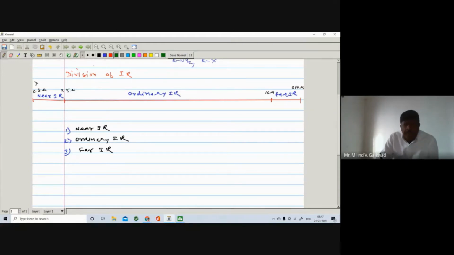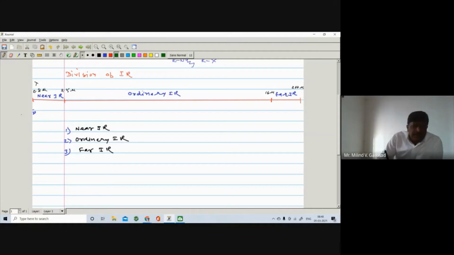If you convert this value into wave number, there is a relationship between lambda and wave number.